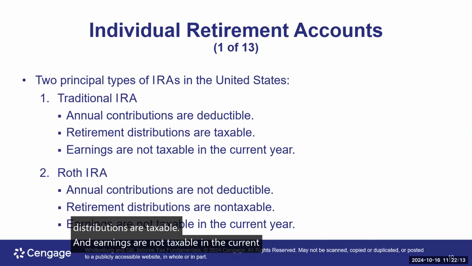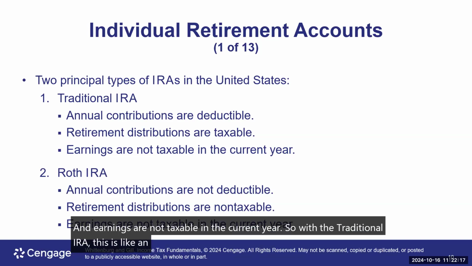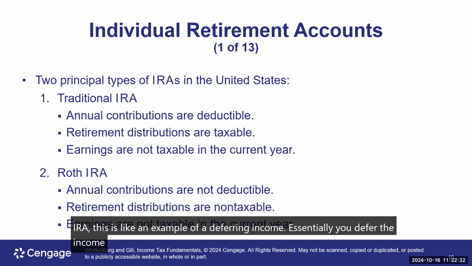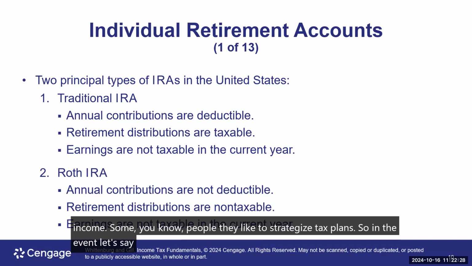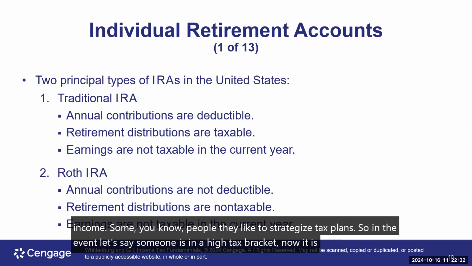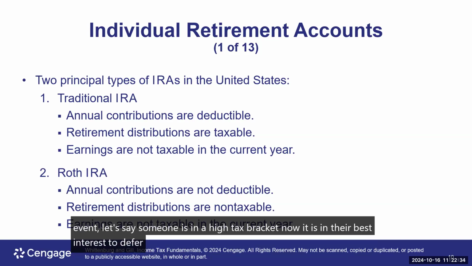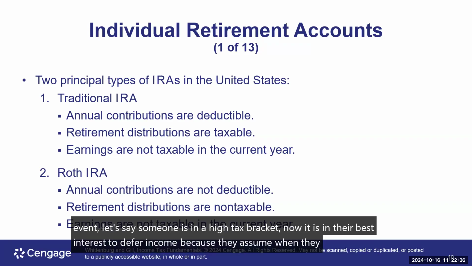The traditional IRA is an example of deferring income, essentially. Some people like to strategize tax plans. Let's say someone is in a high tax bracket now. It is in their best interest to defer income because they assume when they retire, they would be in a lower tax bracket.